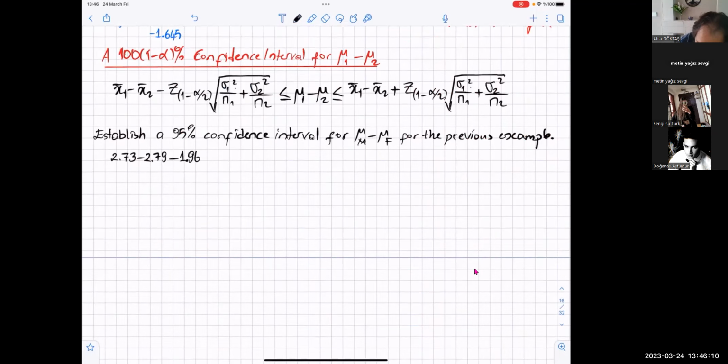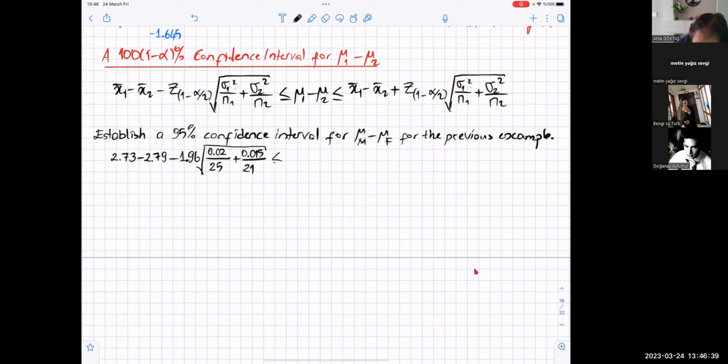And within the square root, sigma 1 square was 0.02, and the first sample size was 25. And the second one was 0.015, divided by 21. So this is the lower bound, and this is within the square root.